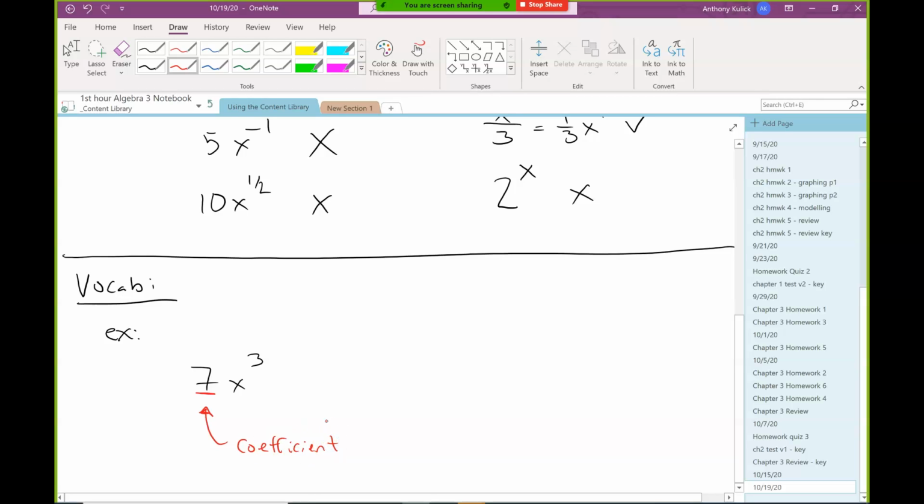That number in front of our variable we call the coefficient. And the number in the exponent we're going to call the degree of the monomial. So for this monomial, its coefficient is 7 and its degree is 3. Everybody okay with that idea?